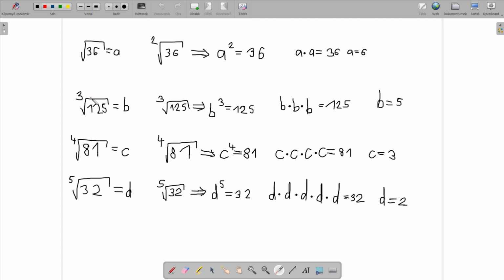So I think you can get the logic right now: second root, multiply 2 times by itself; third root, 3 times; fourth root, 4 times; fifth root, 5 times. If you are looking for the fifth root of 32, you are essentially looking for a number which, if we multiply it 5 times by itself, gives you 32, the number under the radical sign.